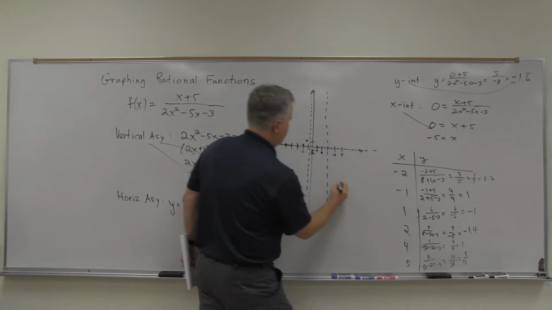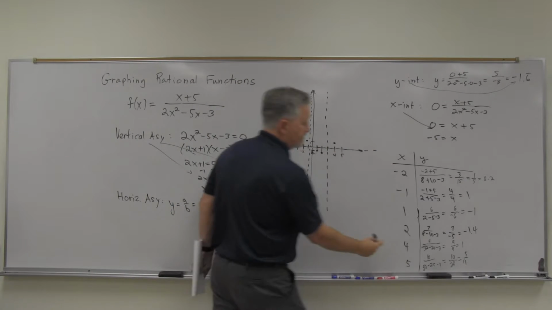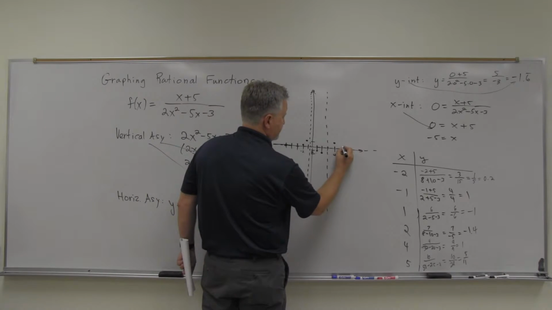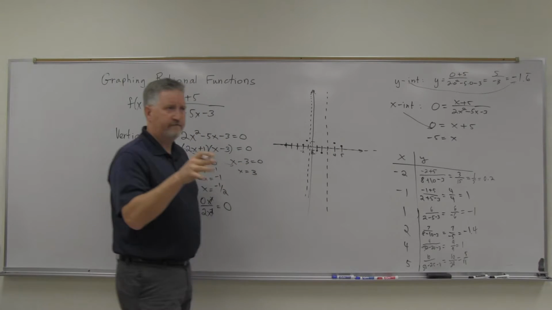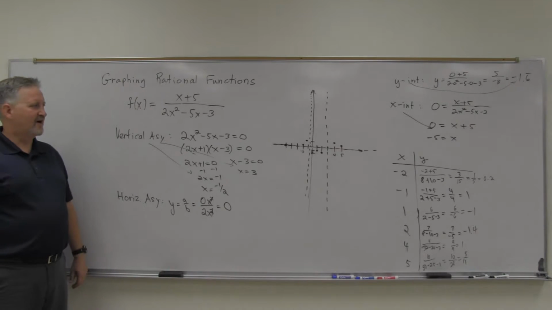At 4, I'm at 1. And at 5, I'm at 5/11, which is a little bit more than a half. I didn't get the decimal, but somewhere along there, along a half-ish. Okay. All right, so then we do this.